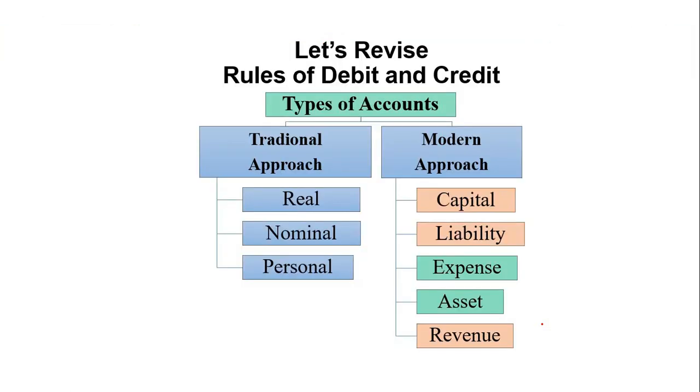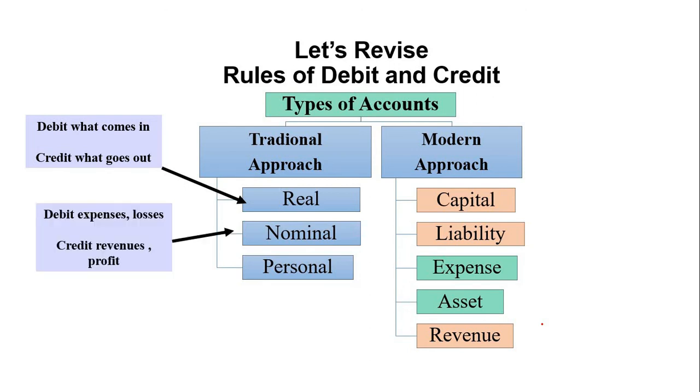So we have done rules of debit and credit according to both traditional and modern approach. For the traditional approach, the rule applicable for real account is debit what comes in, credit what goes out. For nominal account, debit expenses and losses and credit revenues and profit. And for personal account, the rule is debit the receiver, credit the giver.